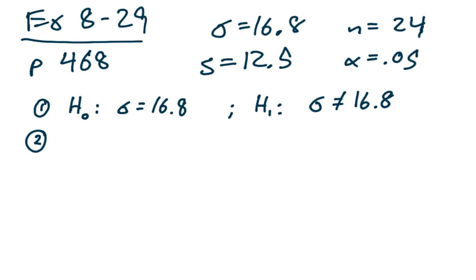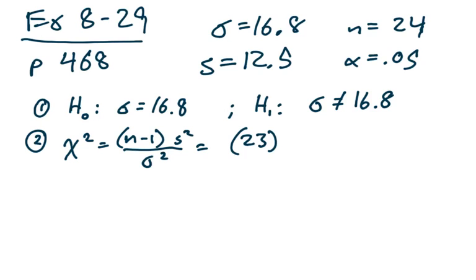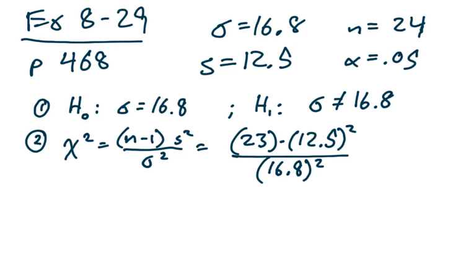Right. Next, for step 2 in the p-value method, we go ahead and calculate the test statistic. So here we're going to be taking n minus 1 times s squared, divided by 16.8 squared.